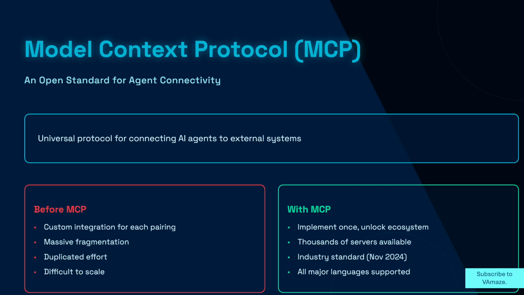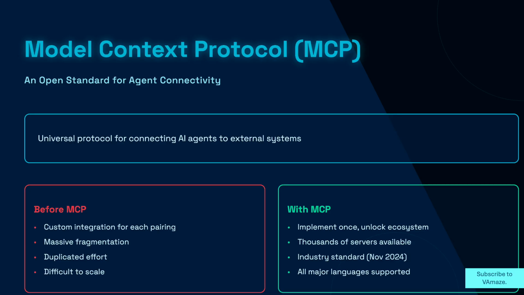If you had 10 different agents and wanted them to connect to 20 different tools, you'd potentially need 200 different integrations. This created enormous duplication of effort and made it nearly impossible to scale connected AI systems. MCP solves this by providing a universal protocol. It's like USB for AI agents. Implement the standard once, and suddenly your agent can connect to an entire ecosystem of tools.